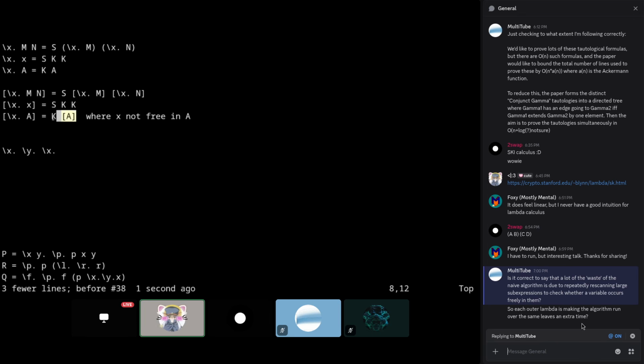Instead of checking if X is free in A, when A isn't a leaf node, you just don't. Because this is a special case, all right? If A isn't a leaf node, then it's of the form MN, in which case you do this. But if it is a leaf node, then you can do this. Only do this when A is a leaf.